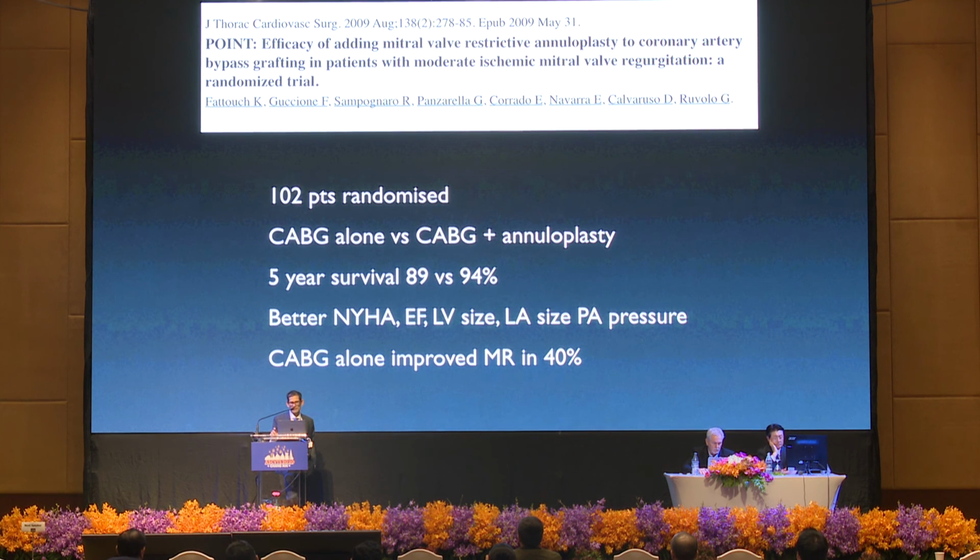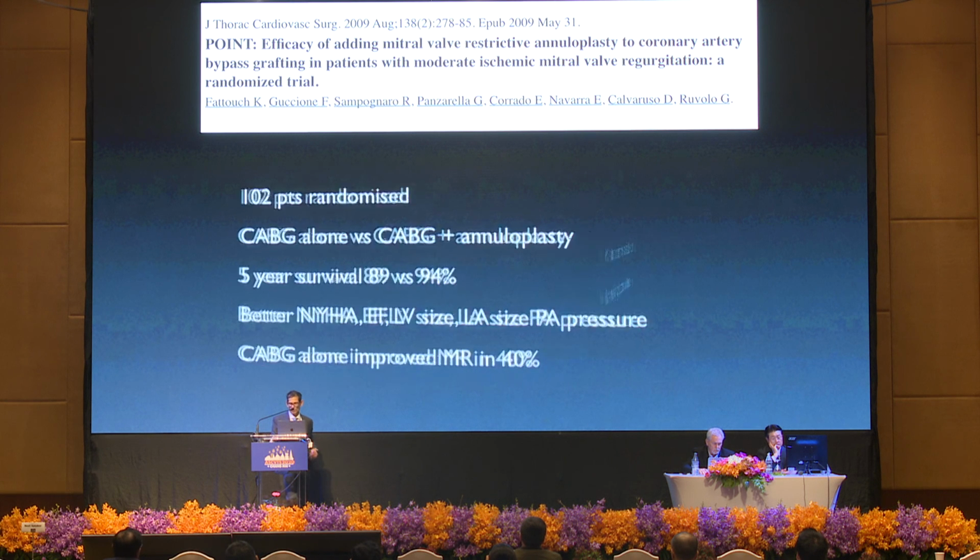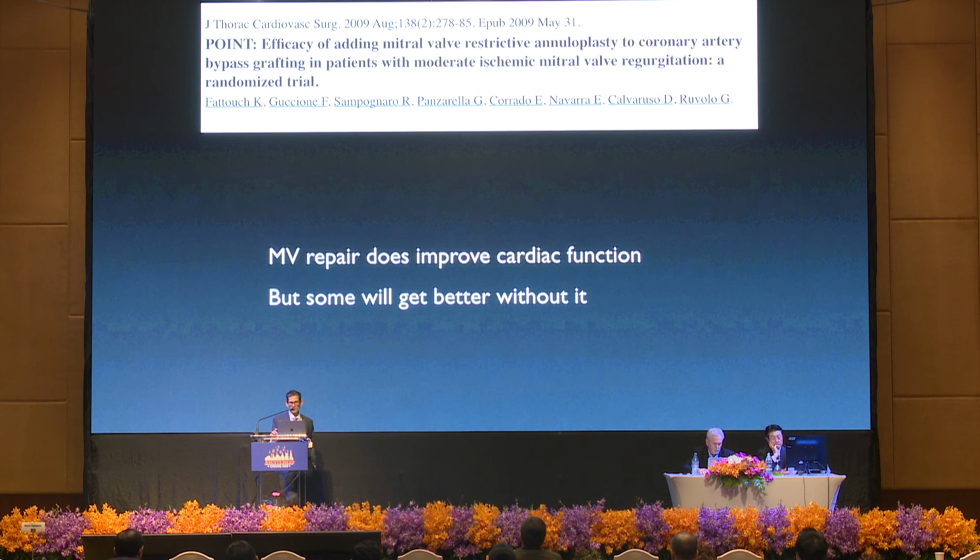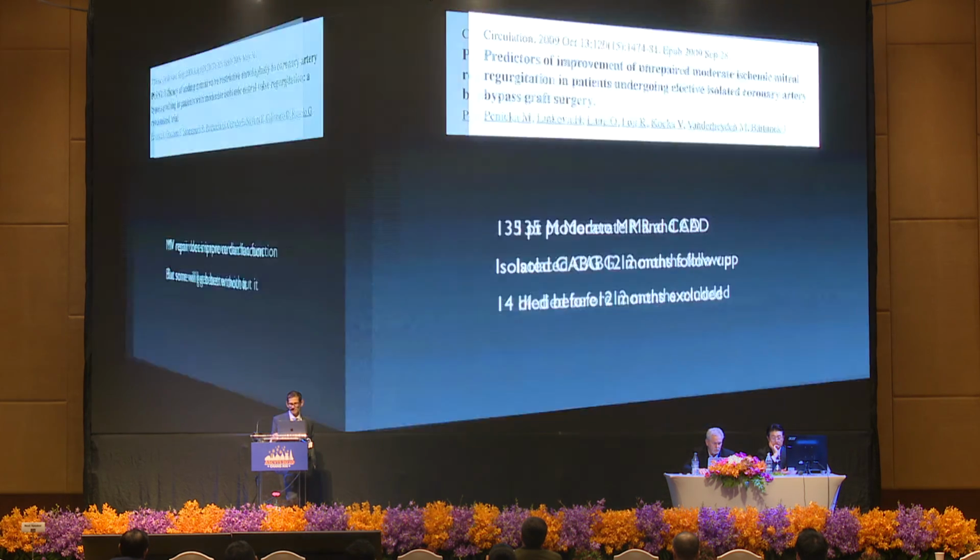So, in fact, there is a subset of population where treating the ischemia will help resolve the mitral regurgitation. So, again, maybe some interesting information. So the paper basically made the point that mitral valve repair does improve the cardiac function, but some patients will get better without the repair.